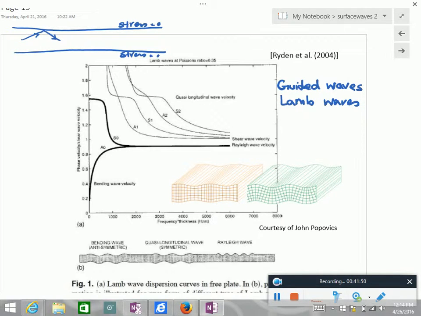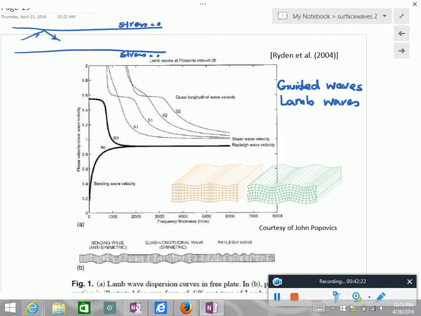So these are higher modes, A0, S0, A1, S1, A2, S2. For some of you who have come to Dr. Lissenden's students' presentation, this is the only thing they do. They only work with guided waves. So I hope that after this you have a better understanding of what they are doing. In the past, people ignored the higher modes.